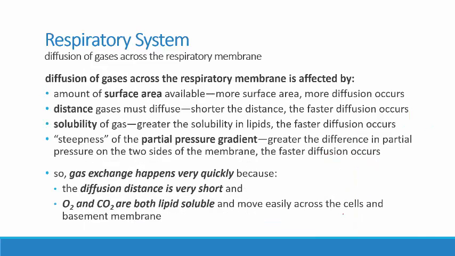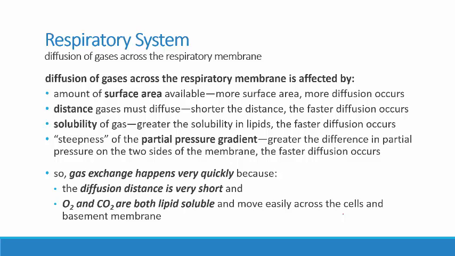The rate of diffusion is affected by actually several different factors here. The first is that there is so much surface area available inside the lungs, and of course, the more surface area, the more diffusion can occur. The distance is very short. The gases are very soluble in lipids, so they rapidly make their way across the plasma membranes of those endothelial cells and the simple squamous epithelium.